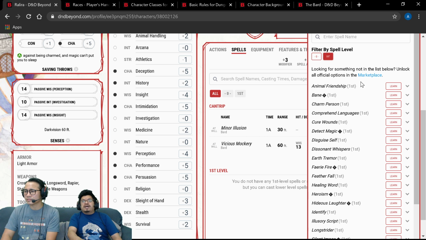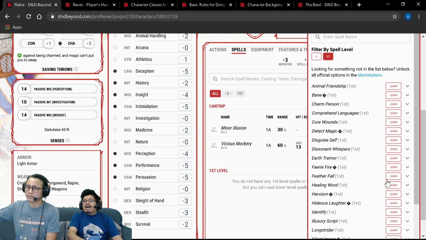So we're going to now choose level 1 spells. I personally like getting healing spells. Yes, you get more healing spells at higher levels, but having a healing spell at level 1 is always good. And as a bard, you don't want to get up close to people, so I like Healing Word over Cure Wounds.